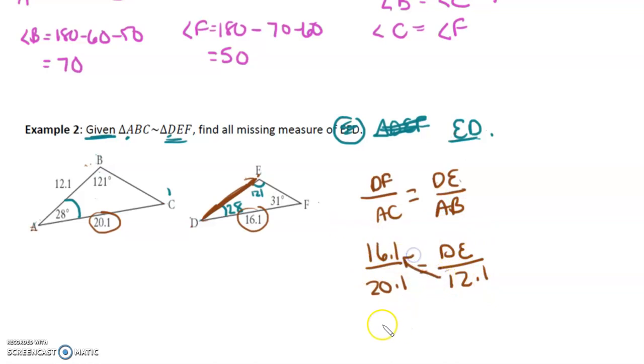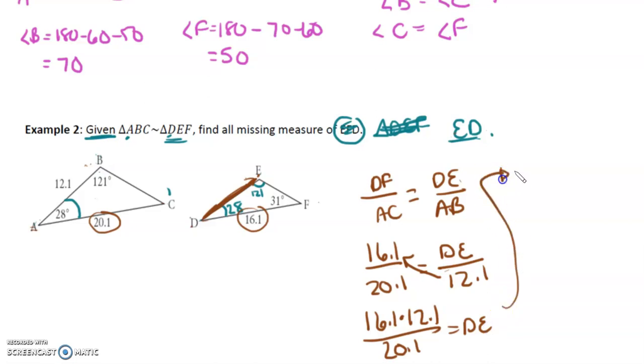If we cross multiply this 12.1 up, we get 16.1 times 12.1 over 20.1 equals DE. Putting this into our calculators, 16.1 times 12.1 divided by 20.1, we get, let's round, 9.7. And there's no units, so we'll just write units.